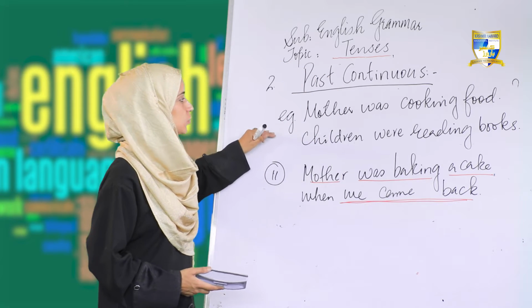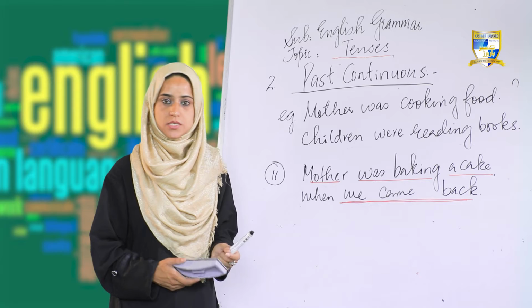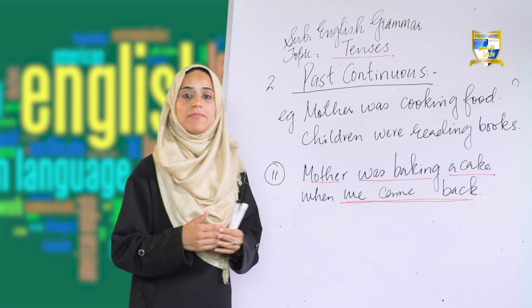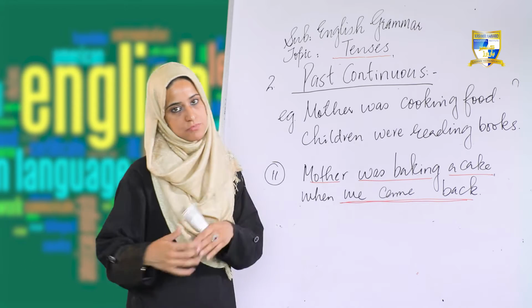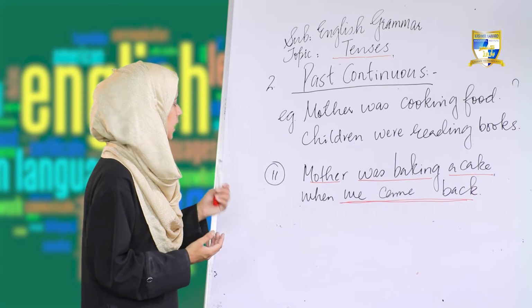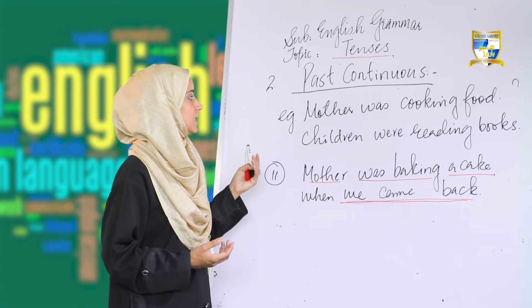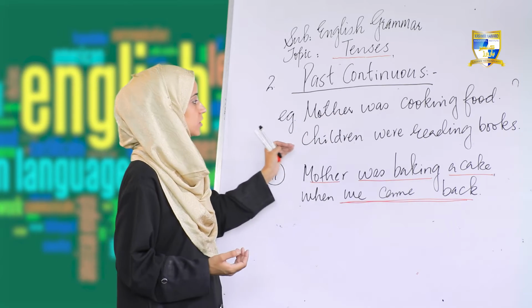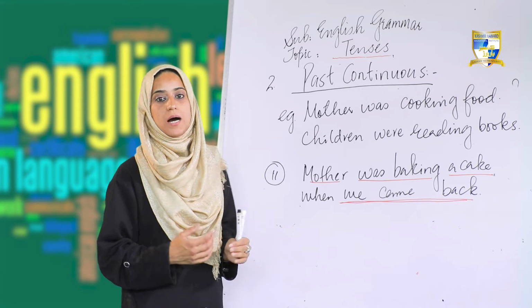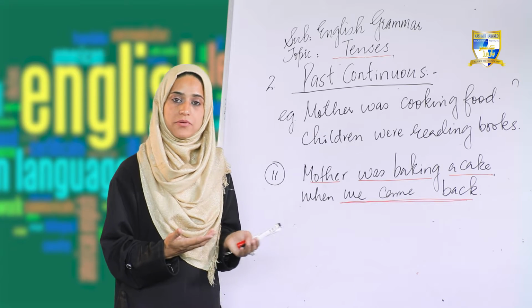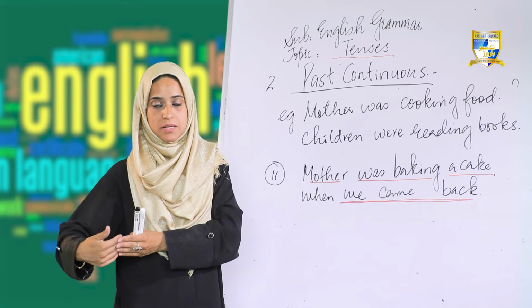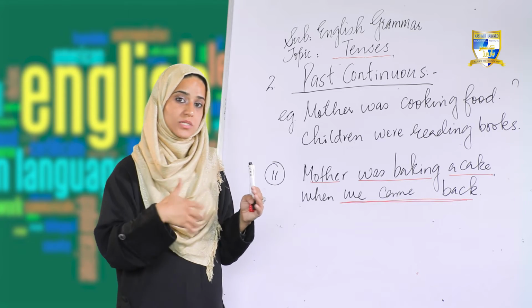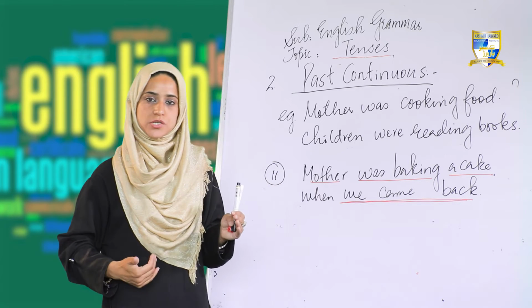In the previous module, we learned that past continuous tense denotes the time of an action that took place in the past and was still going on, was in progressive form at that time. Some of the examples I gave were: mother was cooking food, children were reading a book. Past continuous tense denotes the time of an action that started at some point in the past and was still continuously going on when another action took place.